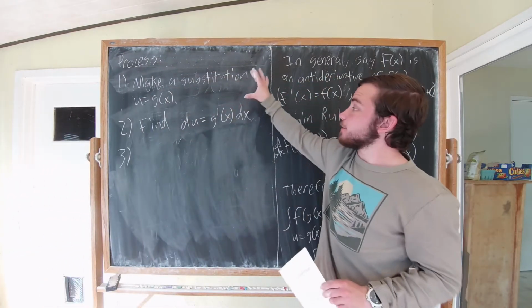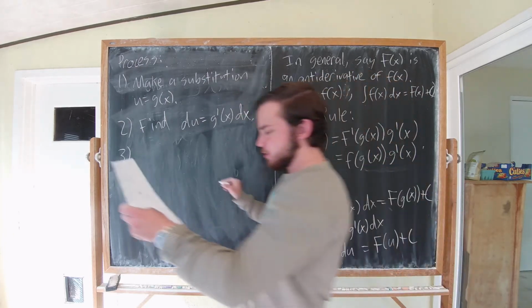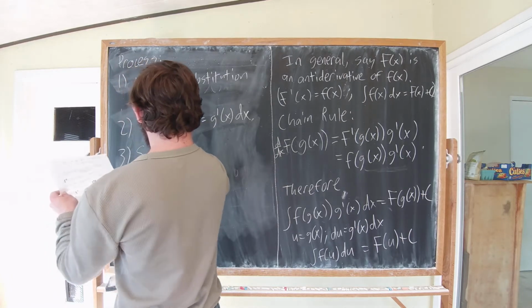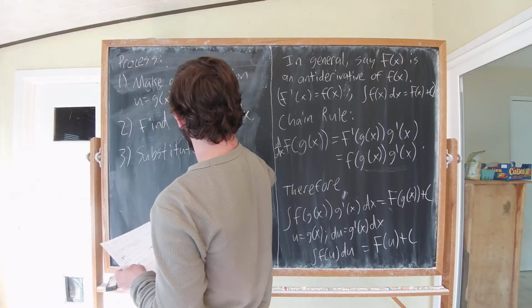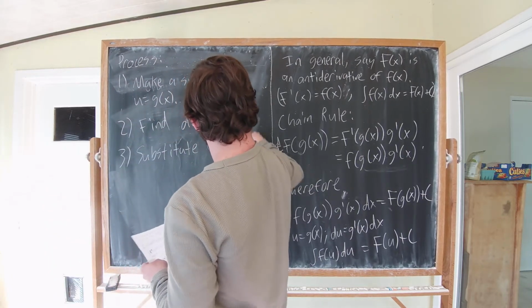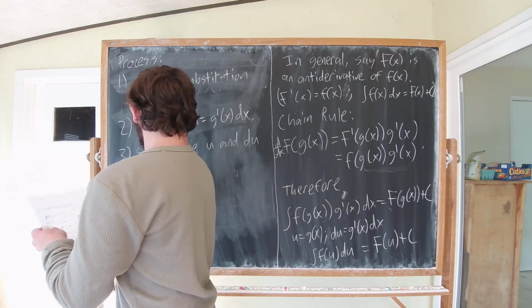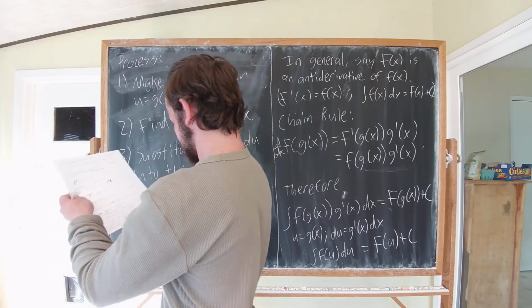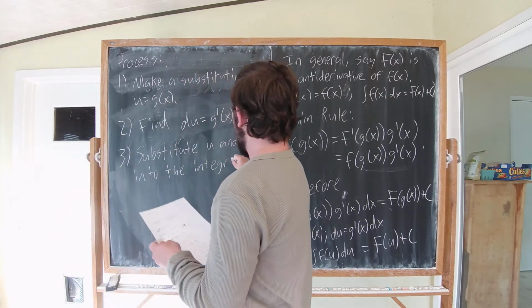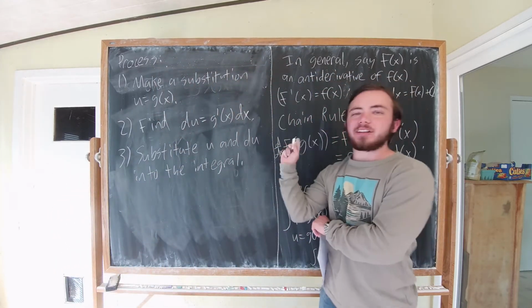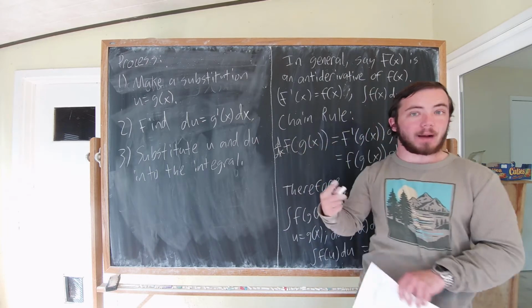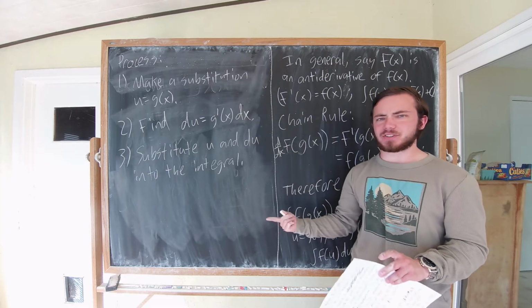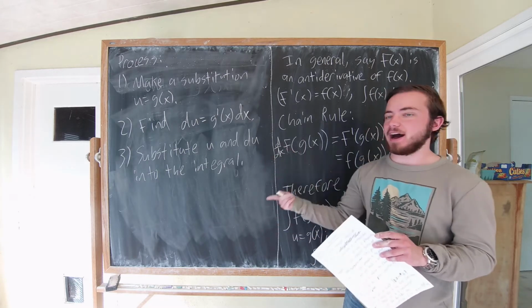Next, once you have these things all in there, you substitute u and du in. And the goal is to get it all in terms of u. A proper u substitution will not leave any sort of x or dx behind at the end of it.